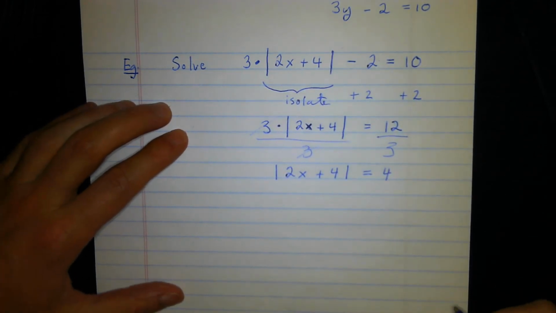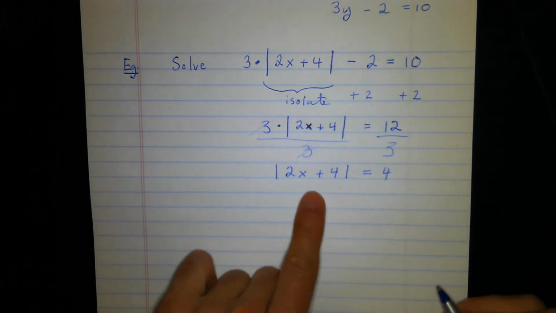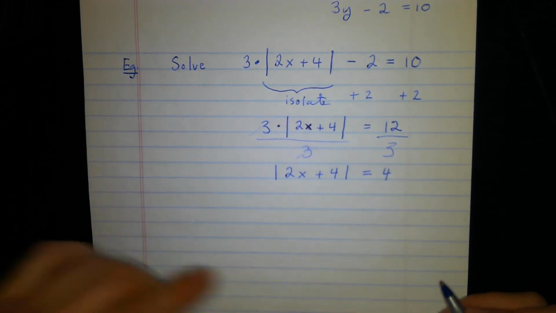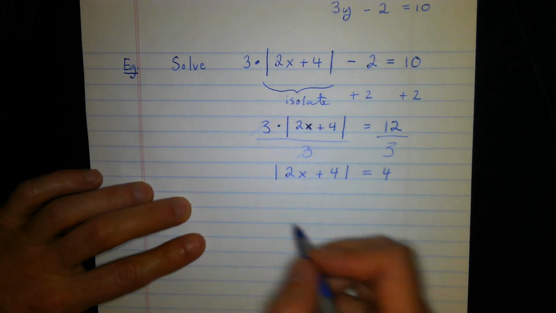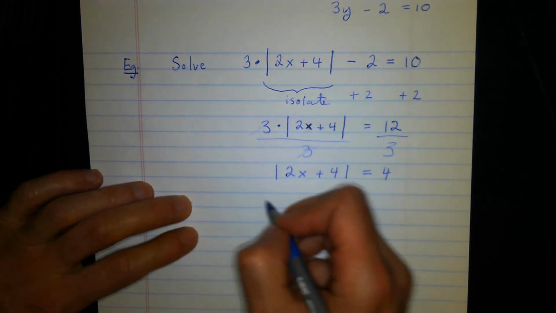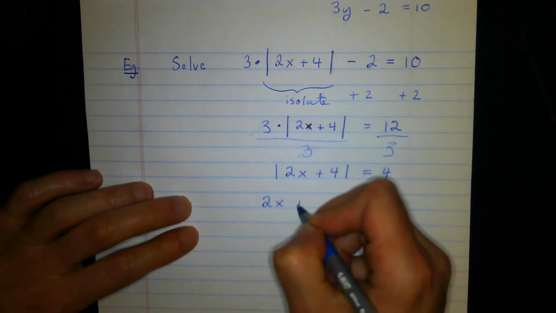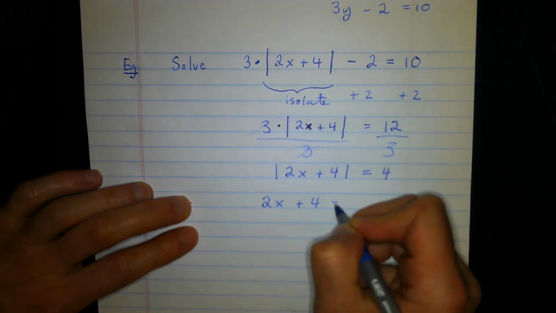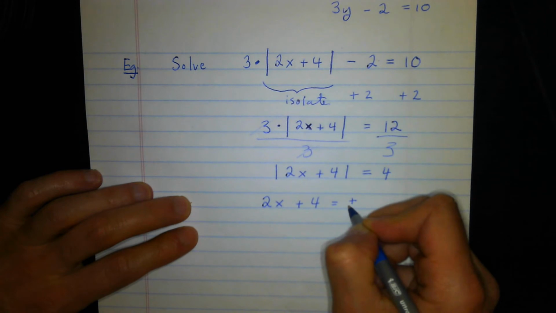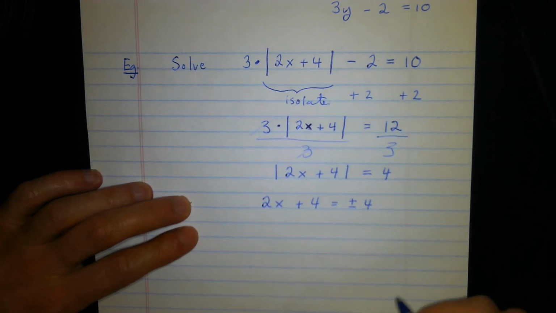Now at this point we want to set the inside equal to plus or minus the outside. So we get 2x plus 4 equals plus or minus 4. Now we should isolate x.